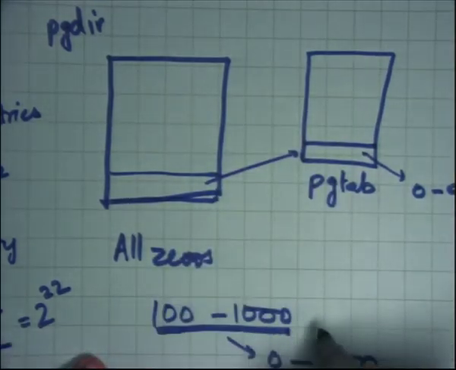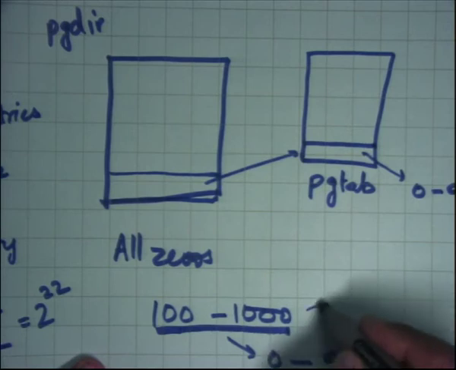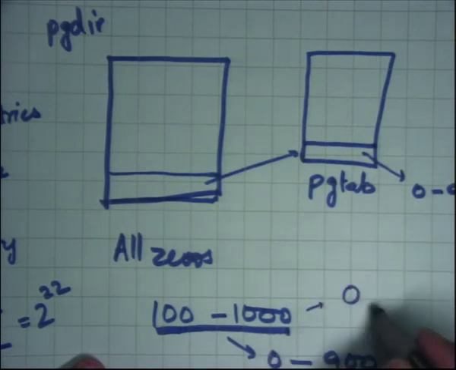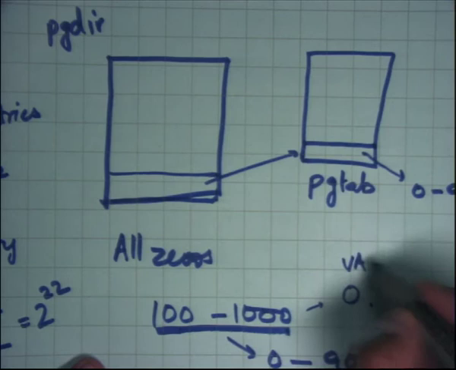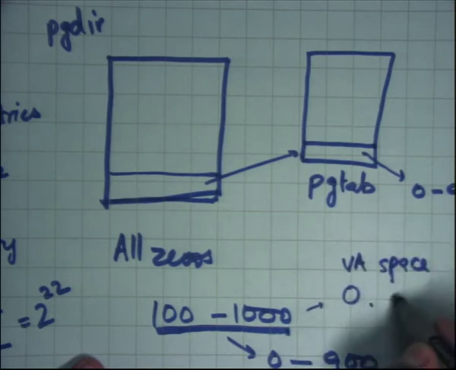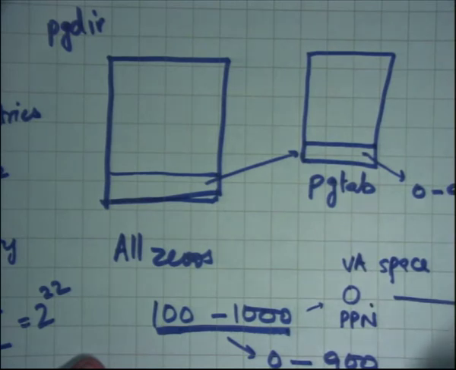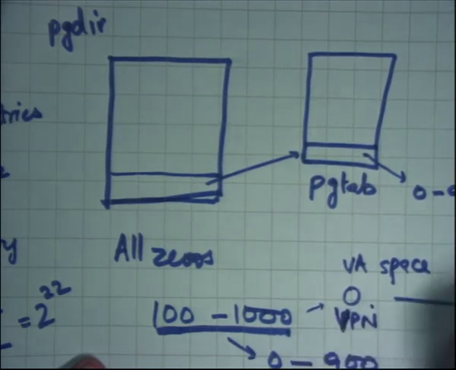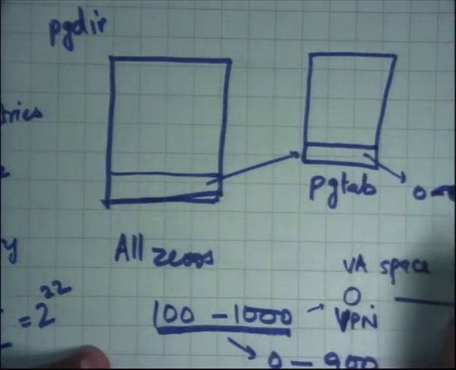So instead of 100 to 1000, I'll probably have to say map page 0 in VA space to page 0 in PA space. So this is just going to map to 0 in this case.